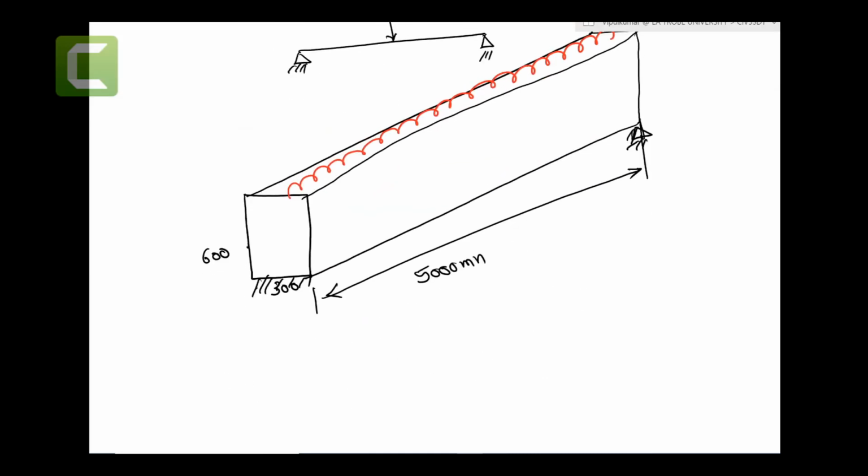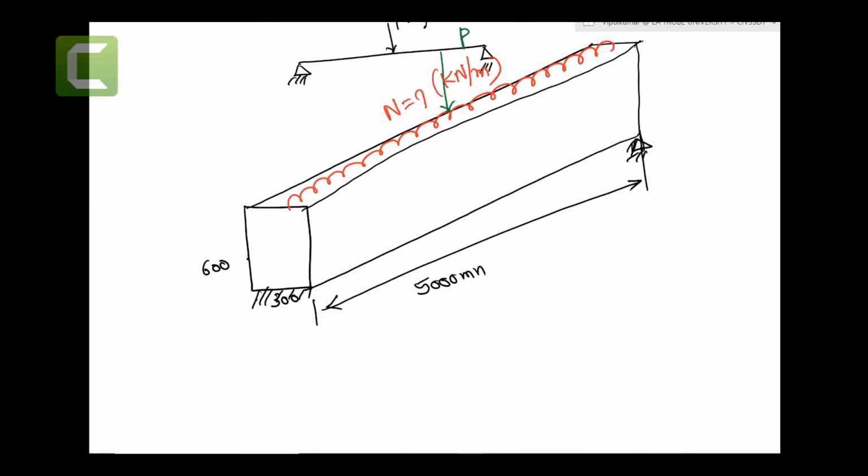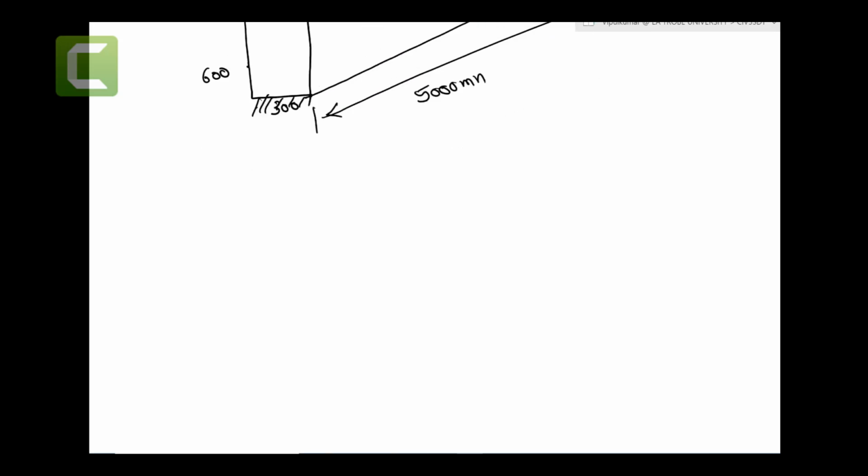As you can see, the line load needs to be calculated, and the unit for this line load is, let's say, kilonewton per meter. And later they want to know what would be the point load P. Now for this case, basically this is a concrete beam.